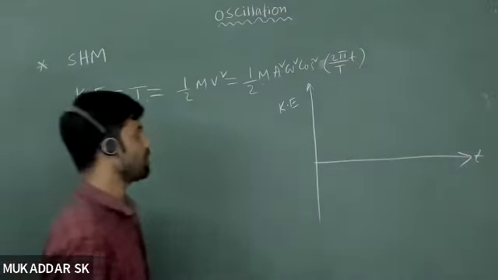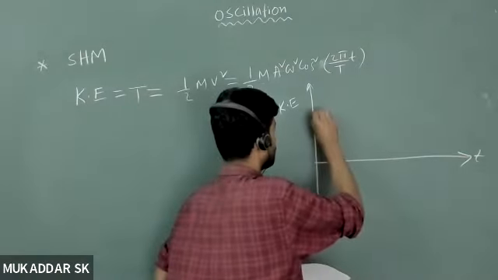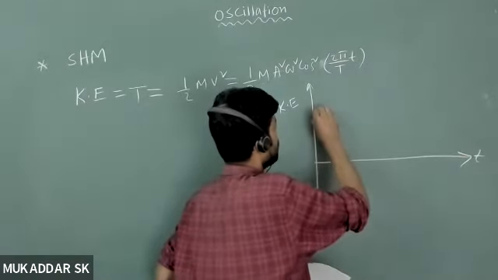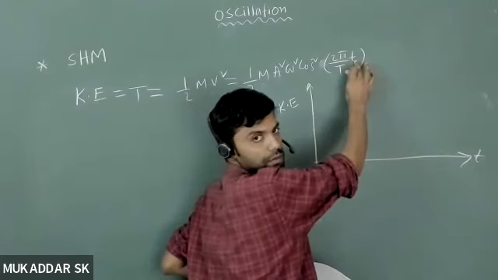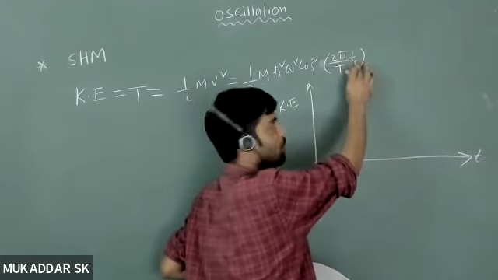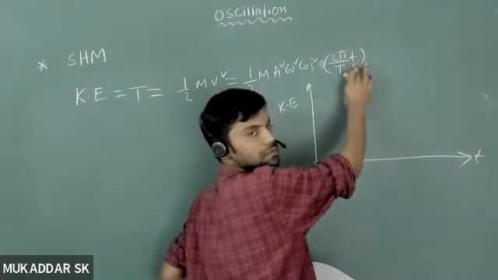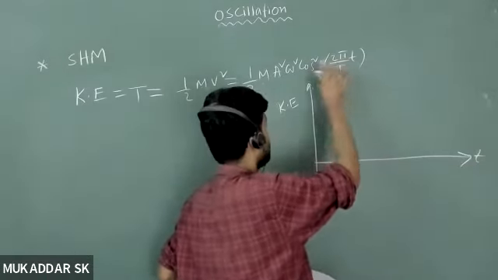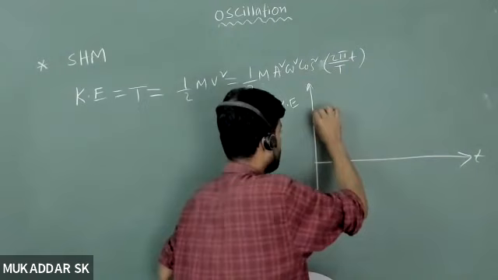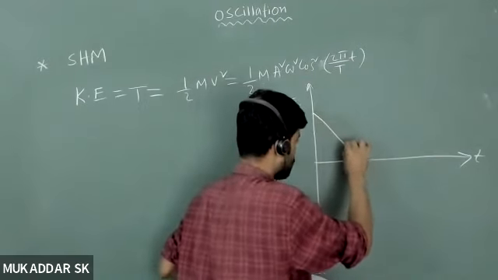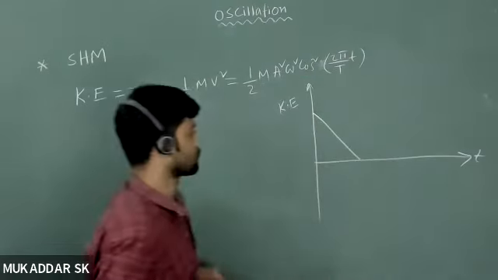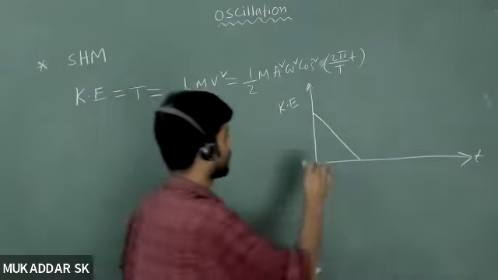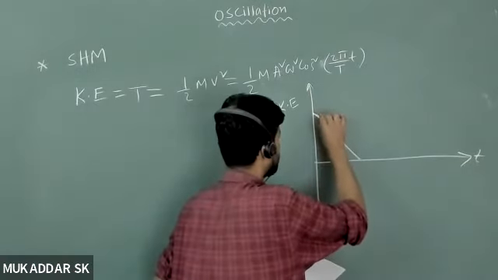So obviously you will have maximum kinetic energy at time t equals 0. But when time small t becomes capital T by 4, this factor will become pi by 2 and cos square pi by 2 will be 0. So at capital T by 4, you will have 0 kinetic energy. And this curve will not be a straight line. There is some curve, right?